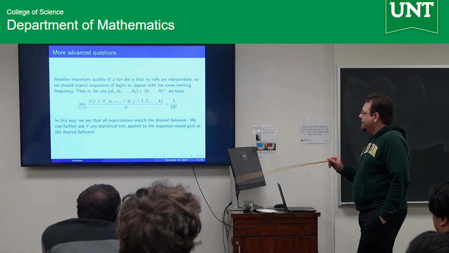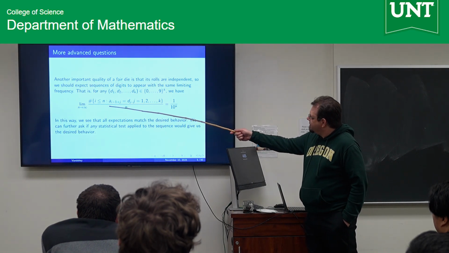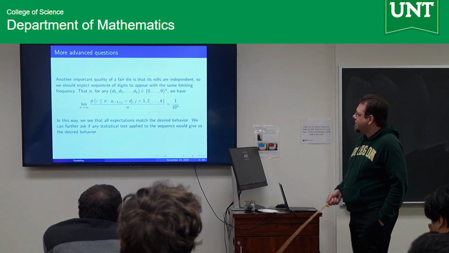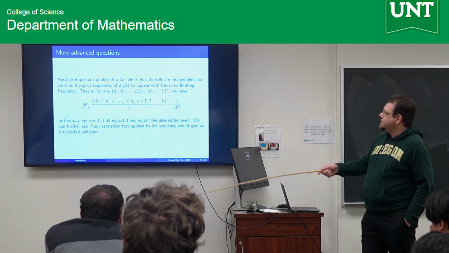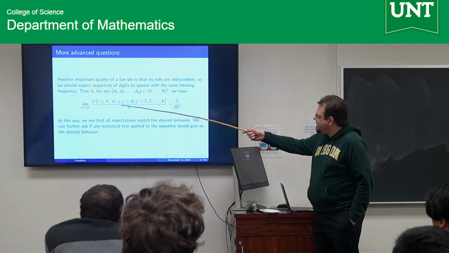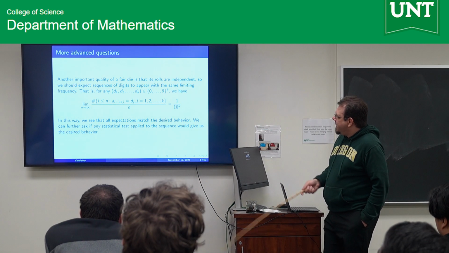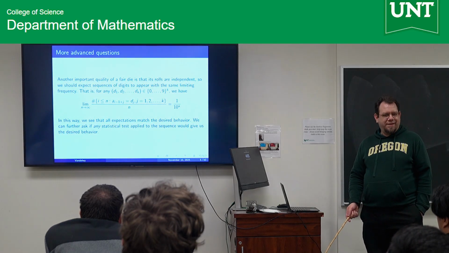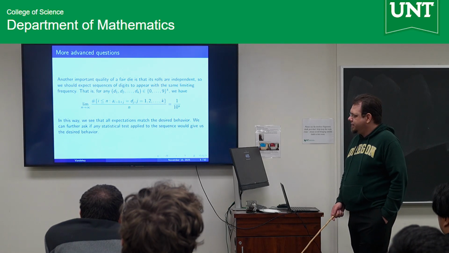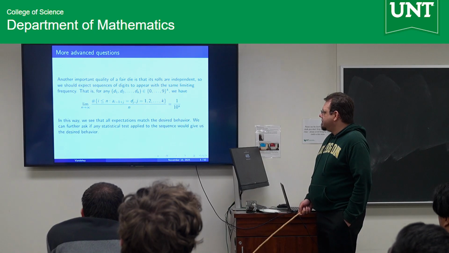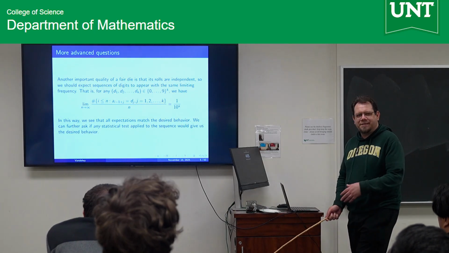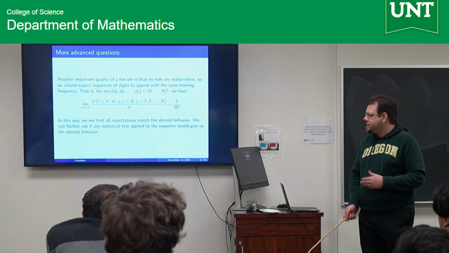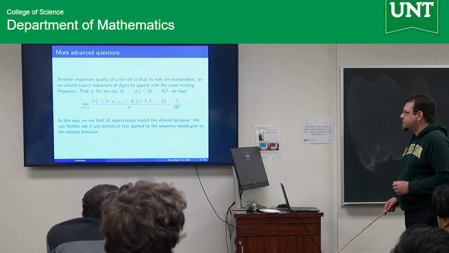No. So, we want to ask, well, let's consider a sequence of digits, d1 up to dk, that all are from 0 to 9, and I want to say, how often do I see that particular sequence of digits appear and look at a limiting frequency there, and we say this should occur 1/10 to the k times if I'm looking at k particular digits. If we do this, then basically we're asking, do all the expectations that could possibly be asked of this match the desired behavior?